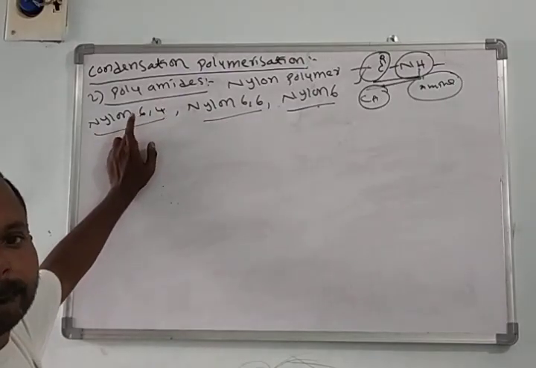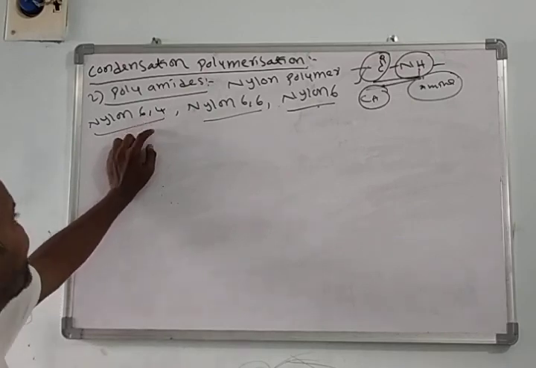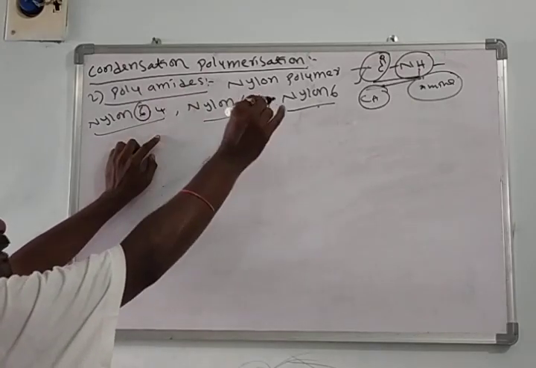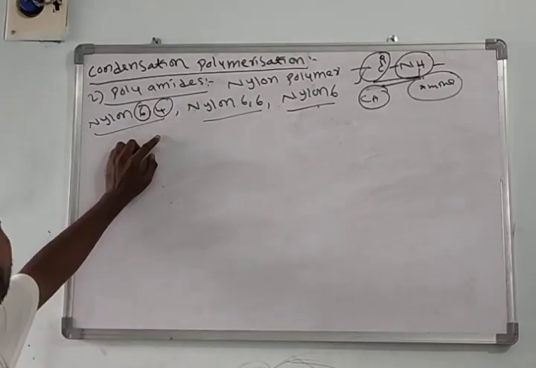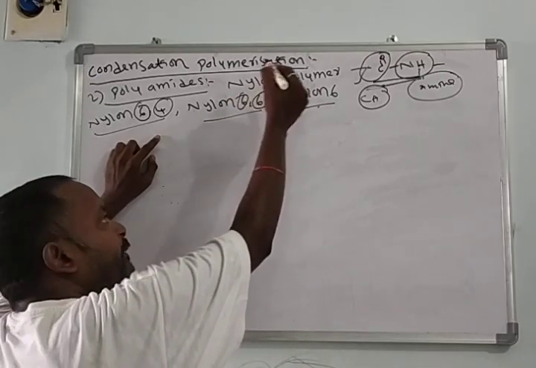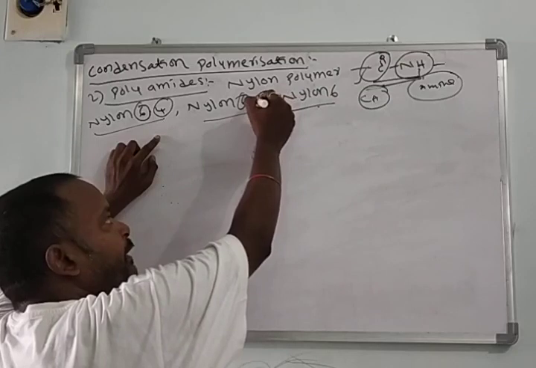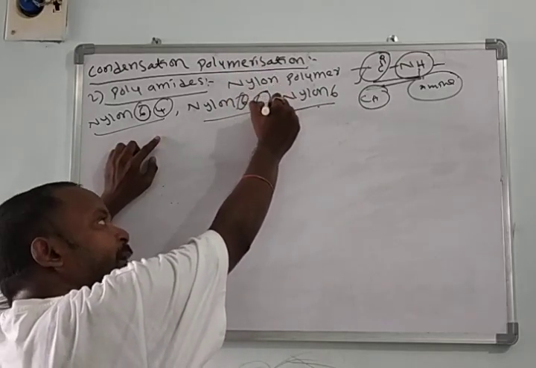This number means the number of carbon atoms. 6 means the number of carbon atoms present in a carboxylic acid. 4 means the number of carbons present in an amine. The first number is the number of carbon atoms in the carboxylic acid, the second is the number of carbon atoms in the amine.